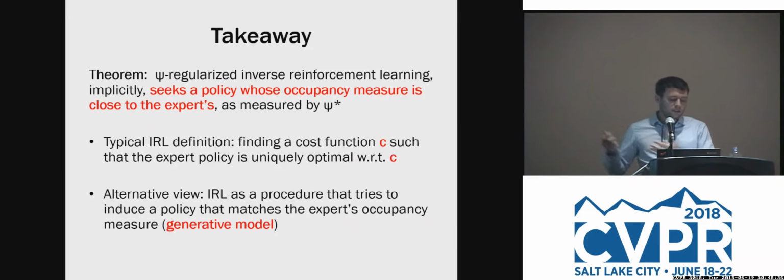Alternatively, we see that we're effectively solving a generative modeling problem, the kind of problem you solve when you try to train a GAN. We're trying to learn a probability distribution over states and actions that is similar to your training data. And crucially, similarity is measured by this regularization term that we introduced in that optimization problem.